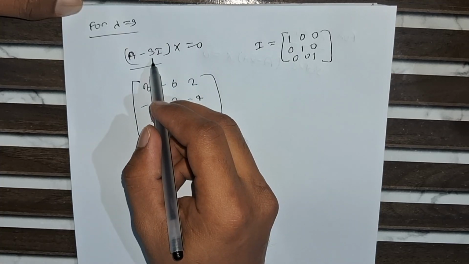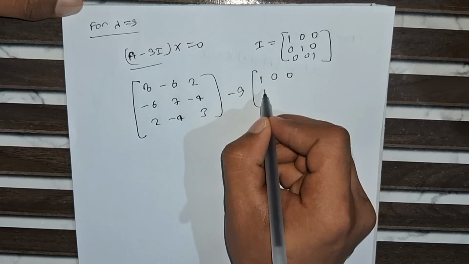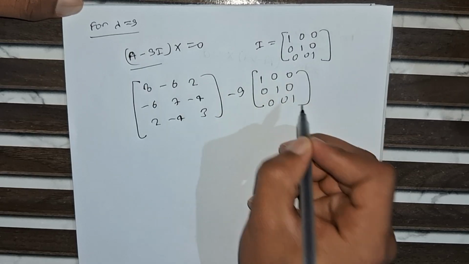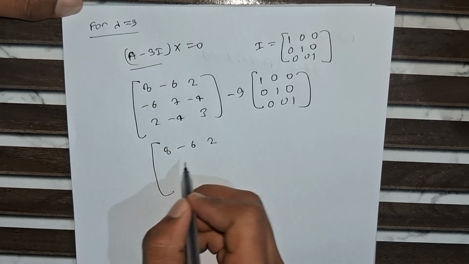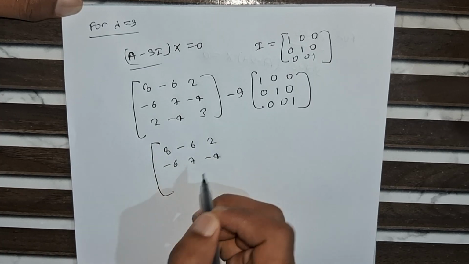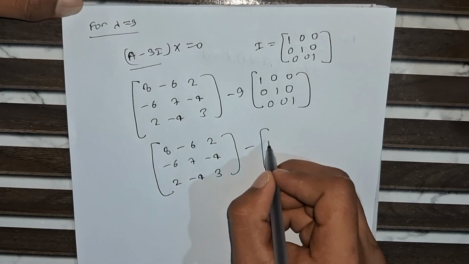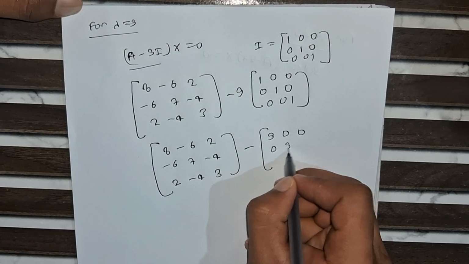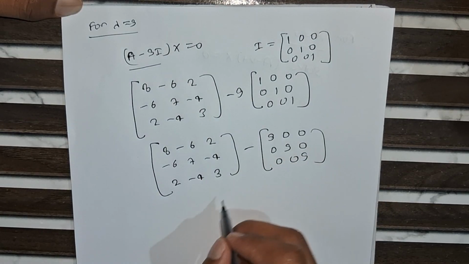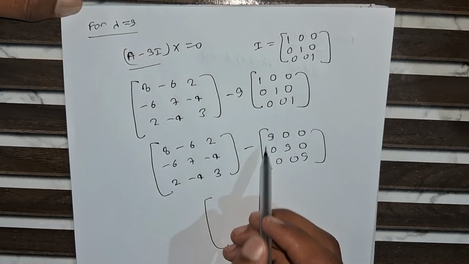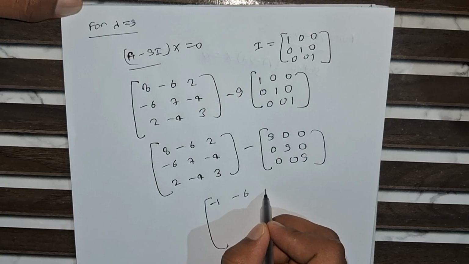Now multiply 9 with the identity matrix, which is 9 into 1 0 0, 0 1 0, 0 0 1. So this is the matrix 8 minus 6 2, minus 6 7 minus 4, 2 minus 4 3, minus the matrix 9 0 0, 0 9 0, 0 0 9. When you subtract, it becomes 8 minus 9, which equals minus 1, minus 6 minus 0, which is minus 6, and again 2.